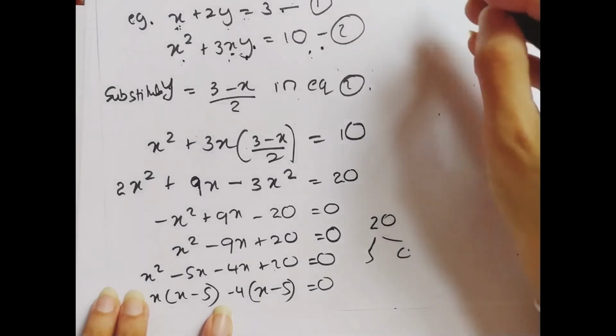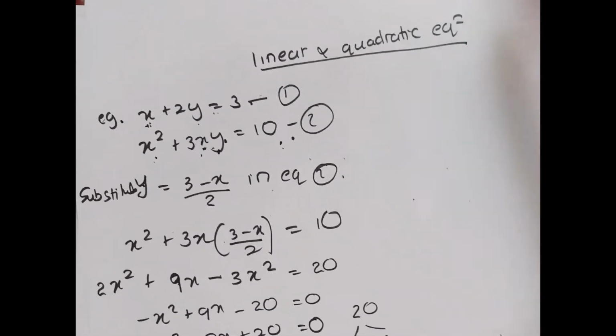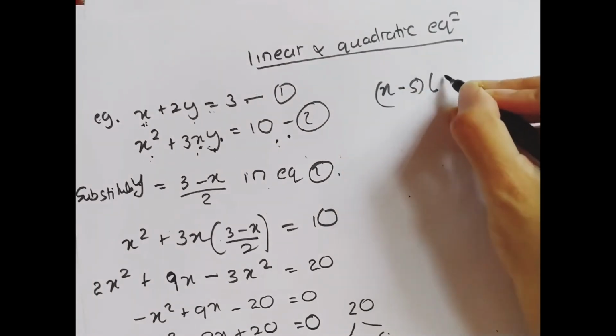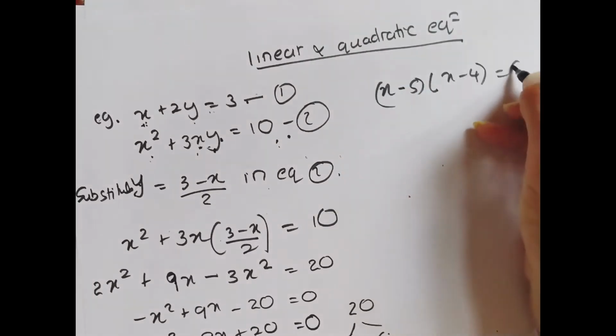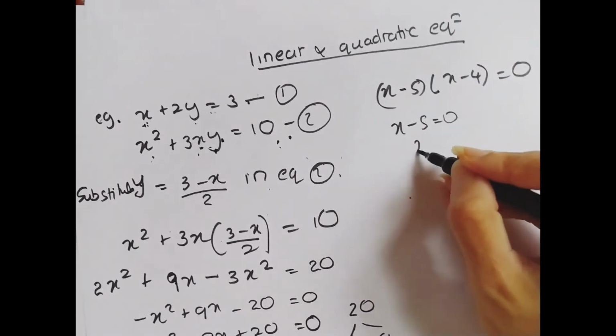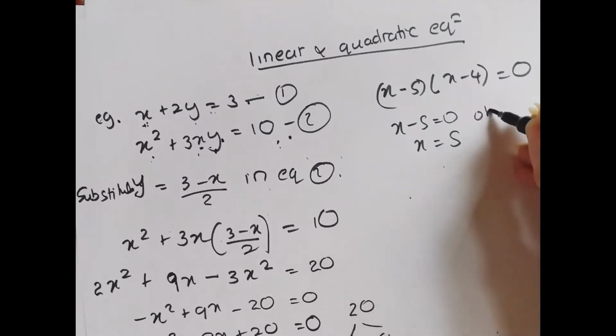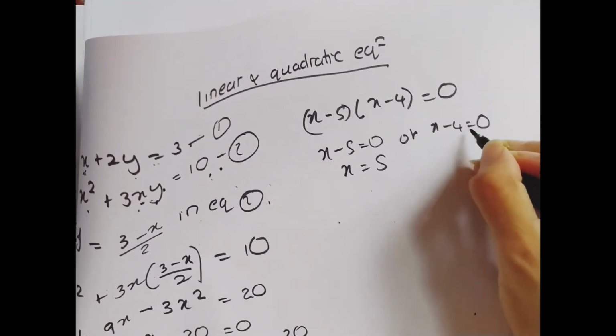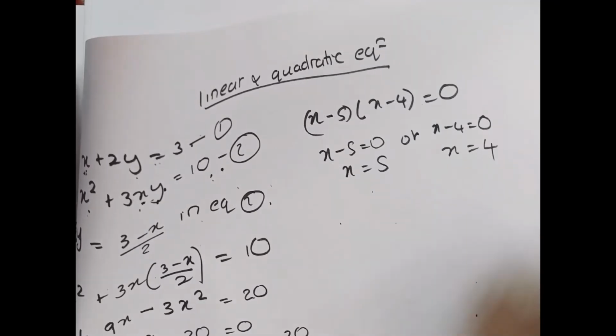So the two factors will be (x - 5)(x - 4) = 0. Then either x - 5 = 0, so x = 5, or x - 4 = 0, so that means x = 4.